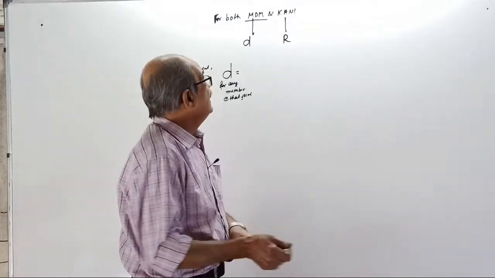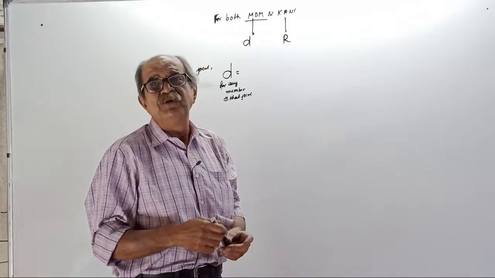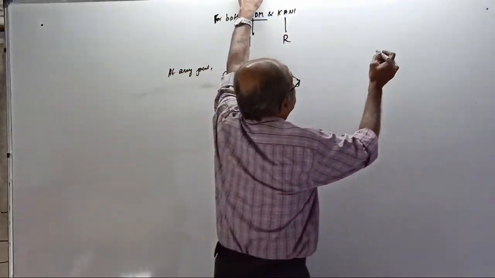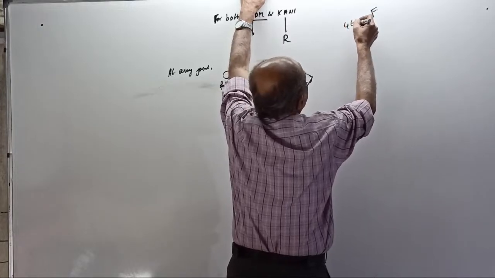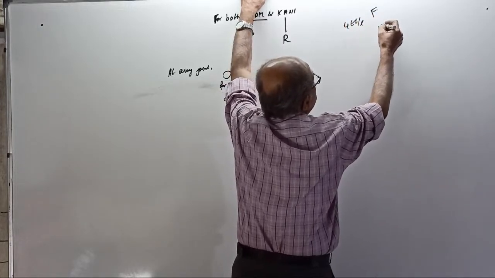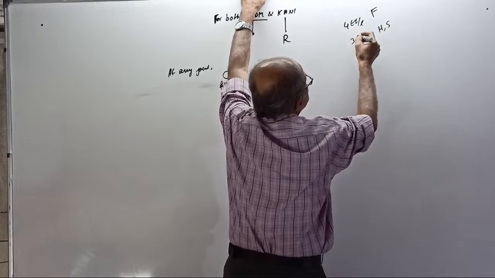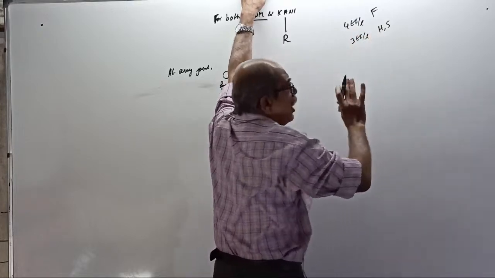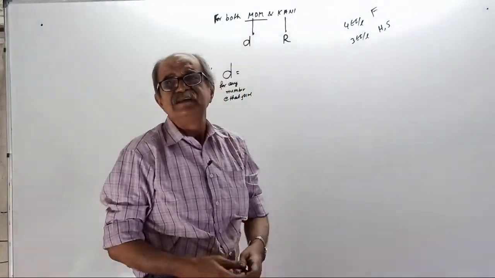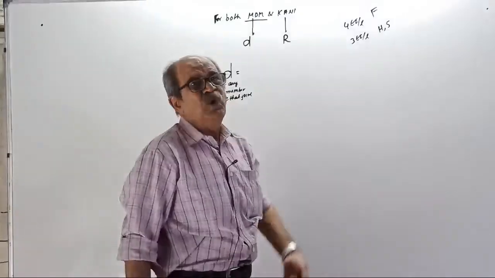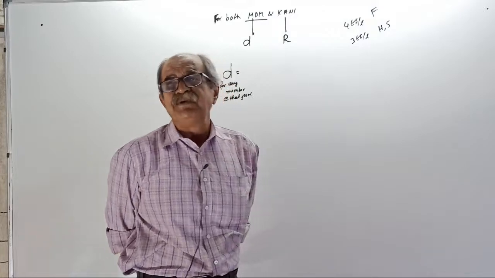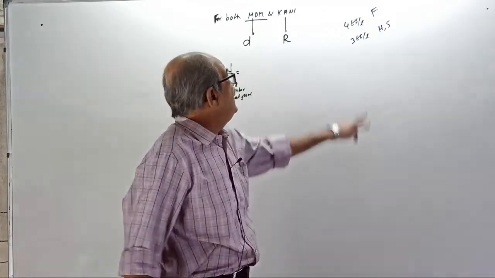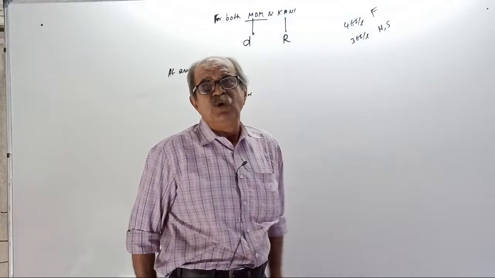Both are correct. Many people are using absolute. If they use absolute, for far end fixed they use 4EI by L, and for end hinged or simple support they use 3EI by L. This is not wrong, 100% correct. But you don't want to waste the term E, because in all building frames you don't get 3EI by L. You always get 4EI by L.